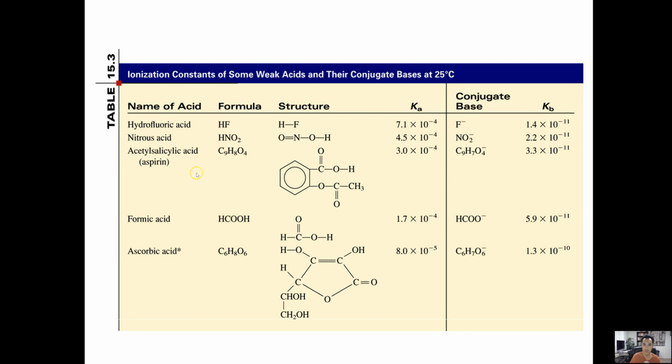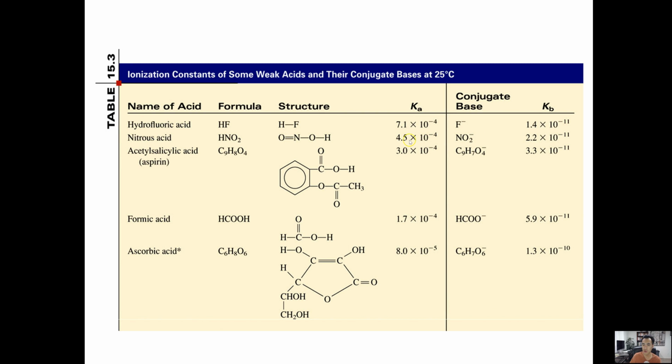For example, hydrofluoric acid, we already know it's a pretty weak acid. Its Ka is 10 to the negative 4, under 1, pretty weak, but its conjugate base Kb is going to be 1.4 times 10 to the negative 11. And again, we're not getting a lot of that because of the situation with the dissociation.